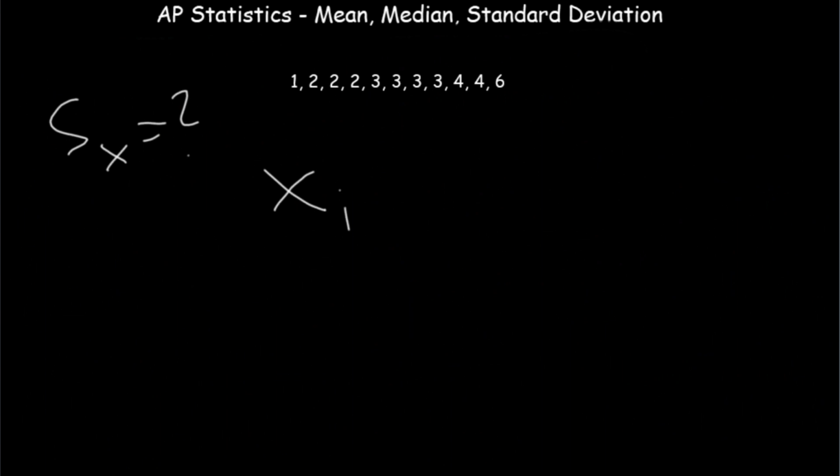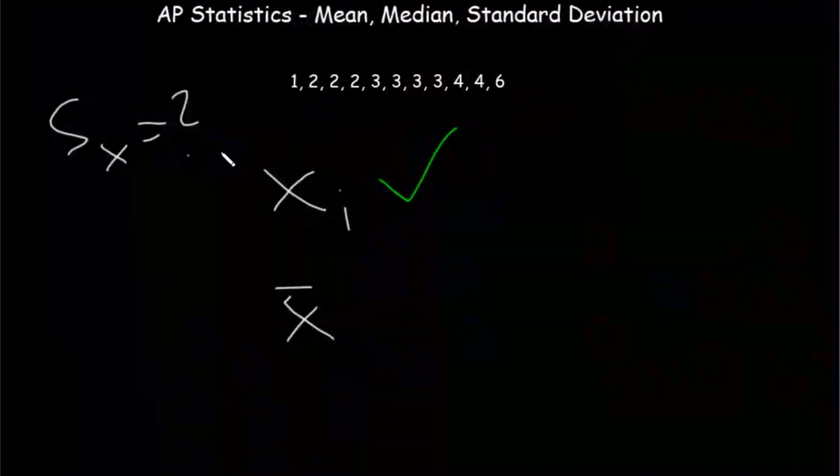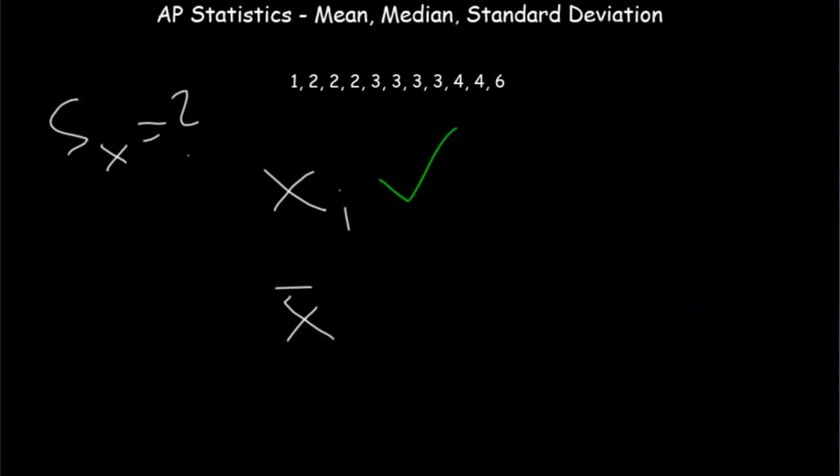So for now, we could just put a check mark. We already know what x of I is because we already have it. Now we need the mean, which we don't have. So let's put a red question mark there because we need to figure that out as per the formula.